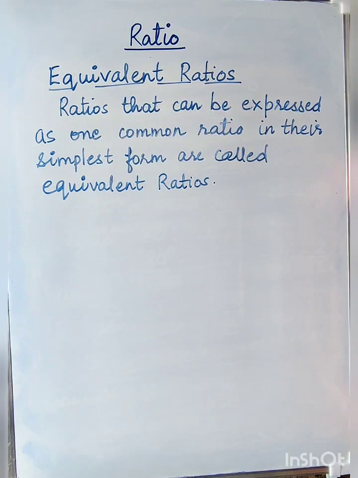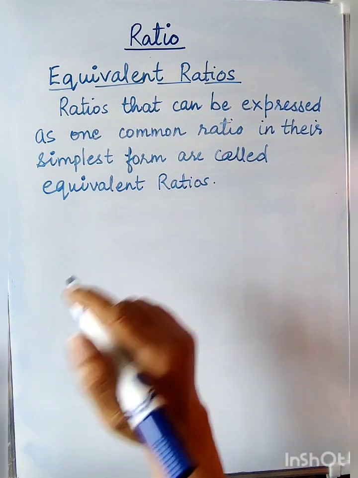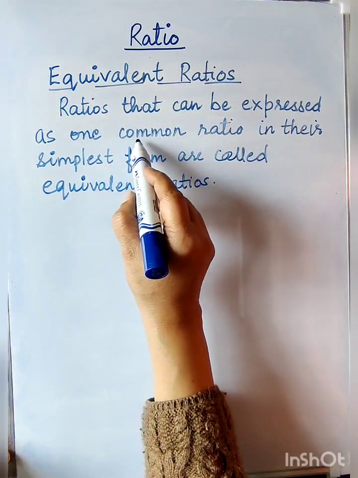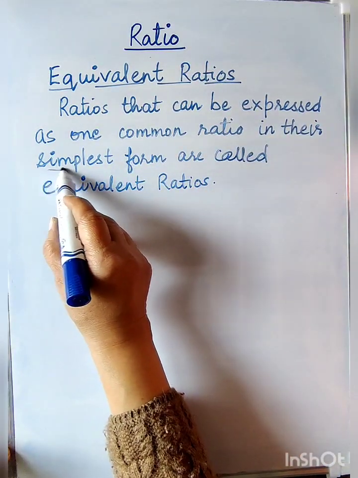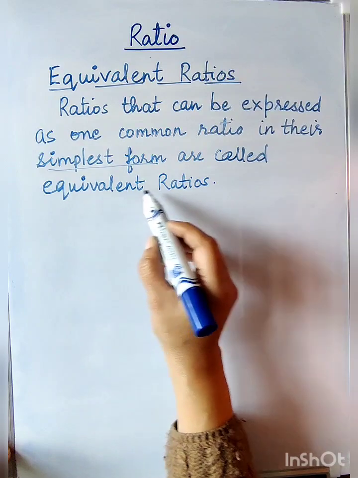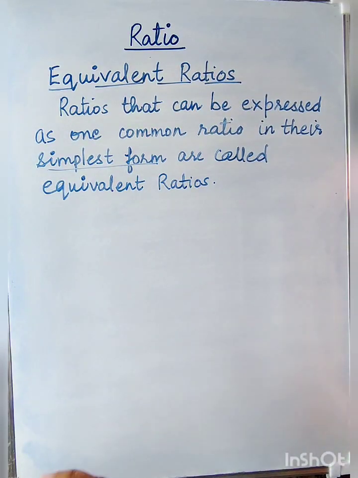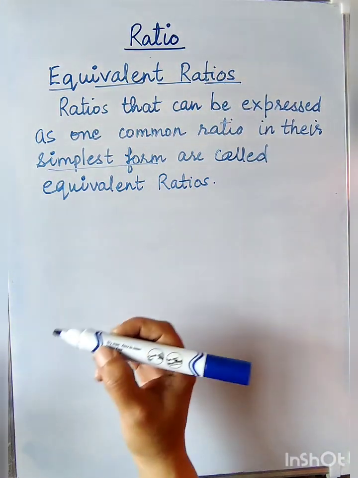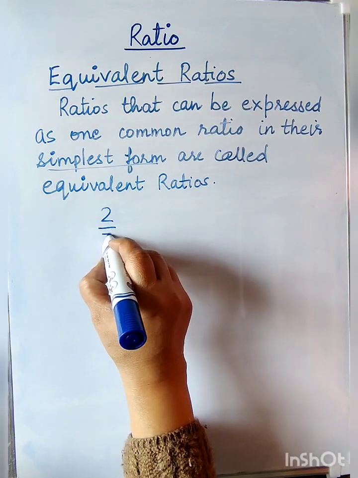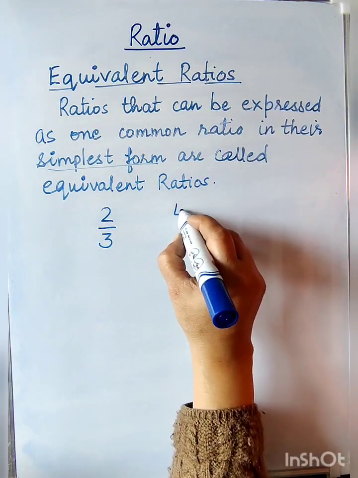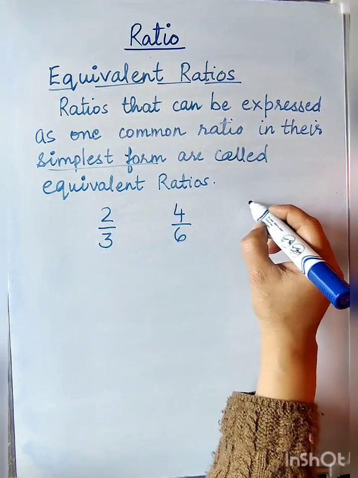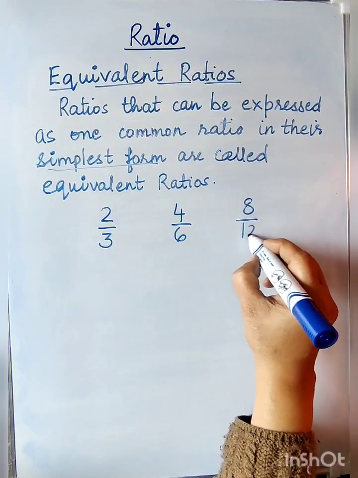Now moving on to the next topic, that is equivalent ratios. Just like equivalent fractions, the ratios that can be expressed as one common ratio in their simplest form are also called equivalent ratios. You can understand this by the concept of fractions like 2 by 3, 4 by 6, 8 by 12.